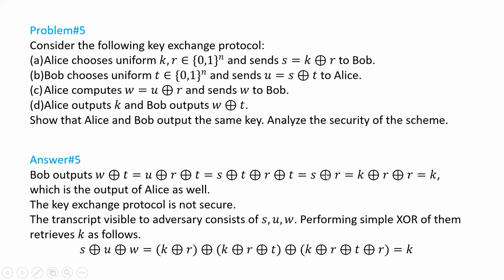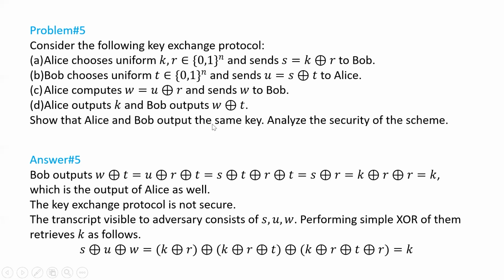We are left with S XOR R. And then what is S? S is K XOR R. So S is replaced with K XOR R, and there is another R, so we cancel them out according to the XOR operation property, and we are left with just K. So yes, whatever Bob outputs is exactly equal to key K, same as Alice. So the key exchange protocol is correct.